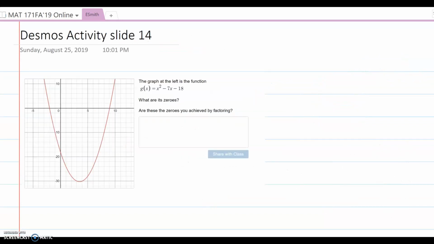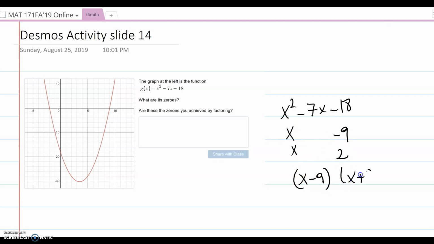Now, slide number 14. If we find the binomial factors of it, you will get this form. Then we need to equate each of them to 0, so we will have the roots 9 and -2.